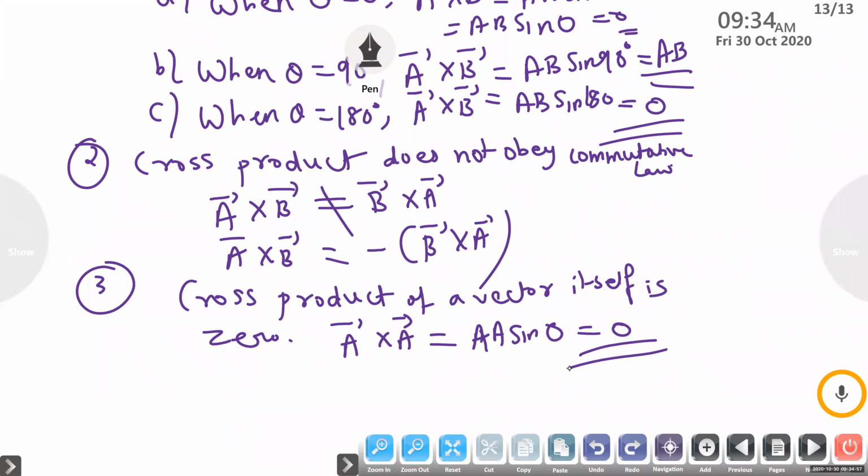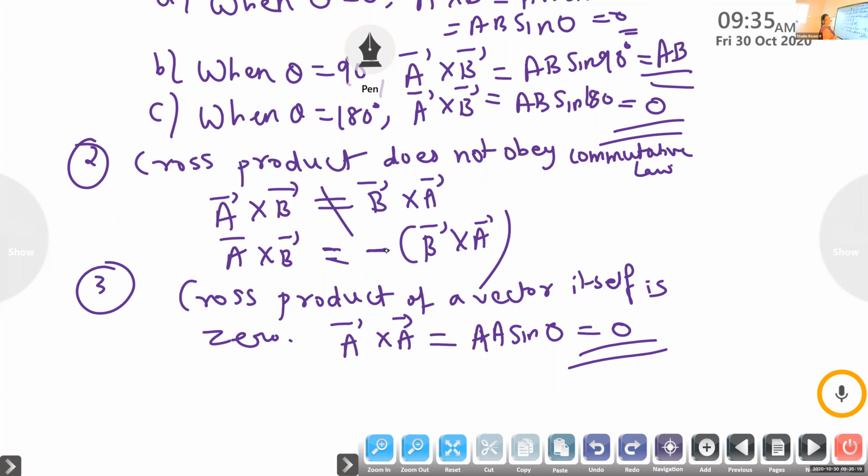Ma'am, in this cross product does not obey commutative law. How is the first one different from the second? In cross product, one is not equal to, the other one is equal to. What is the difference between them?